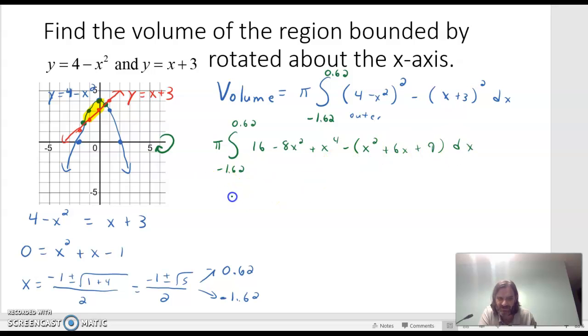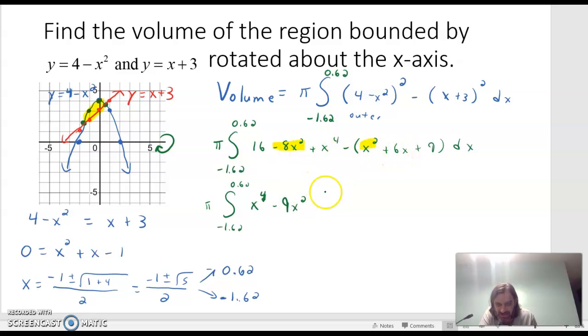So let's do a couple of cleanups here. We've got an x to the 4th. We've got a negative 8x squared, and we'll have a negative x squared, so that'll be negative 9x squared.